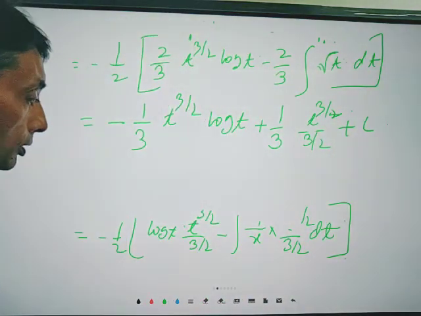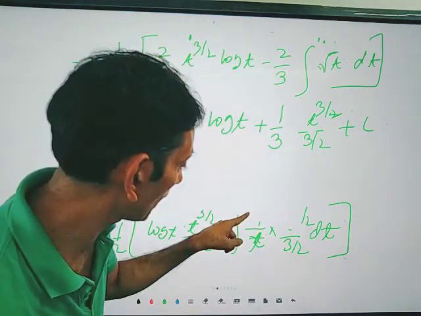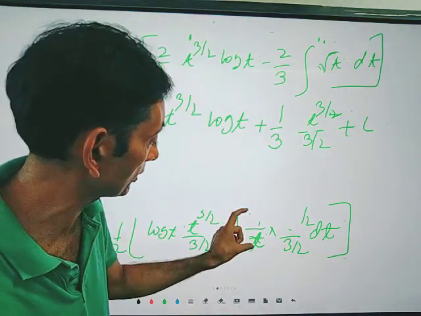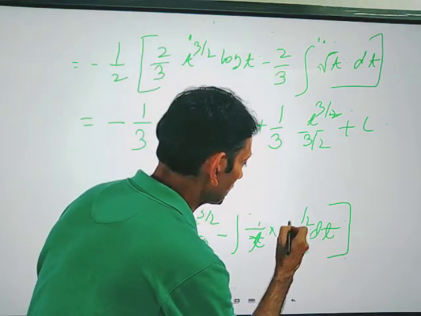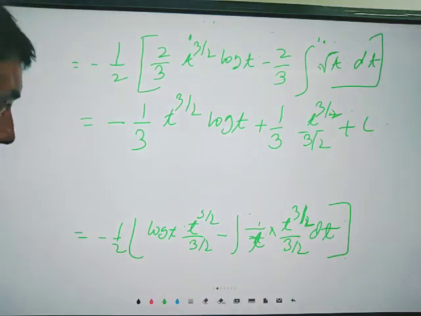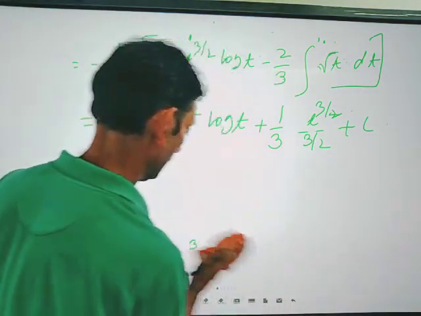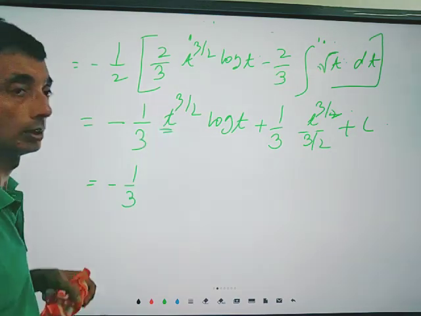I have written log t, but the differentiation is 1 by x, so it should be 1 by t, and this should be t to the power 3 by 2. Okay, please correct this. Next, this is minus 1 by 3, and what is the value of t?